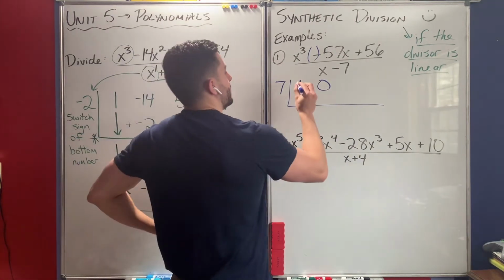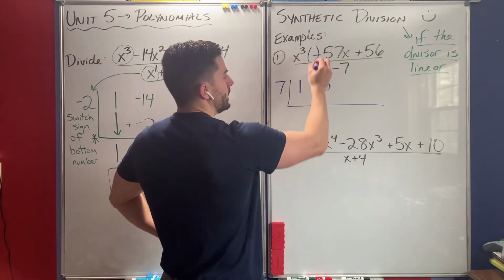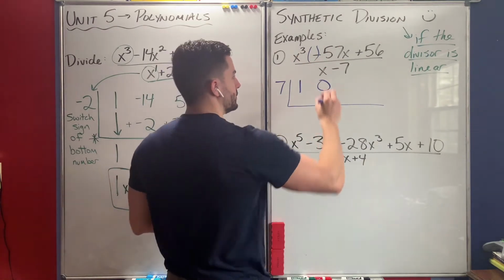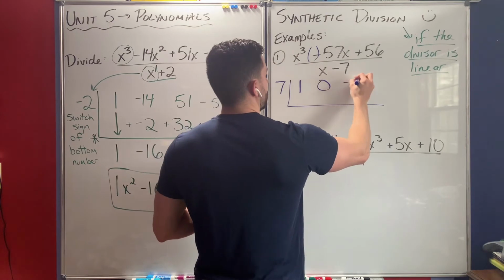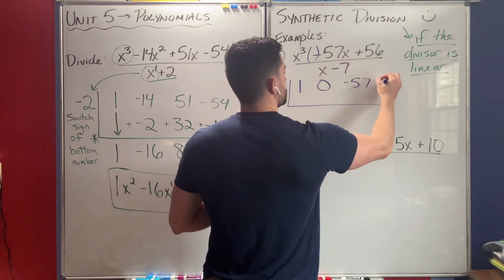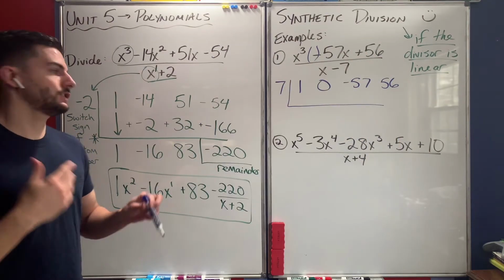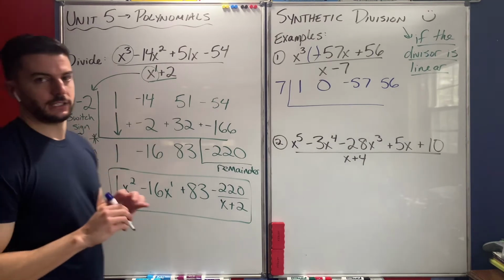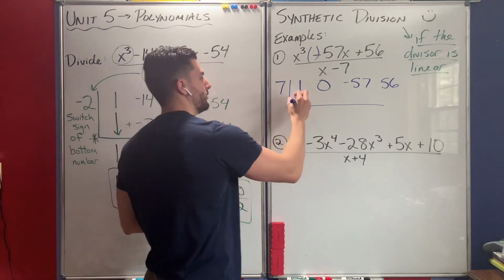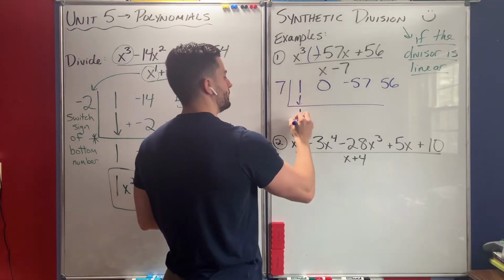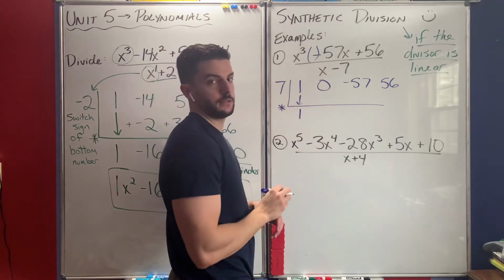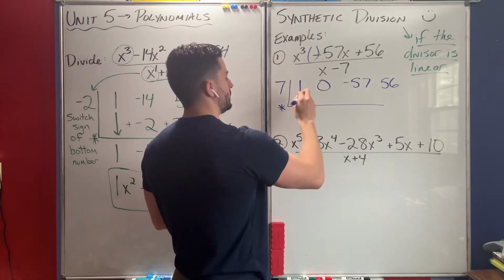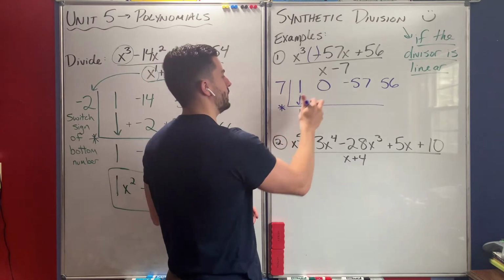So I have 1 as the x cubed coefficient, 0 as the x squared coefficient, and then I can continue with negative 57 and then positive 56. And then I start my cycle, and that begins with just bringing down my first coefficient of 1. And then I multiply. 7 times 1 is 7.